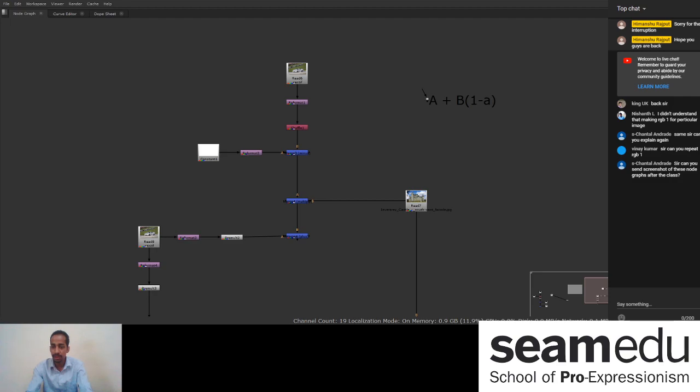I'm just not able to understand the question itself. What part do you want me to repeat again? Yes, I will share the screenshot of the node graph to help you understand more. The only thing I'm expecting from you guys is the question. I don't know what you want me to explain again.